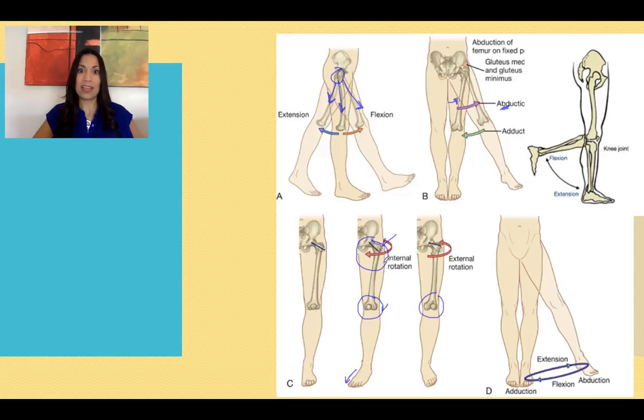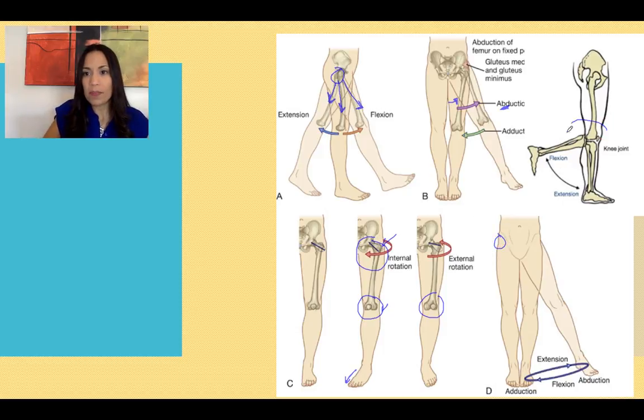What is moving is the hip joint. So pointing your toes with your feet flat on the floor, point the toes medially, that is internal or medial rotation, and pointing the toes laterally, that's external or lateral rotation. You combine those movements and you have circumduction at the hip.